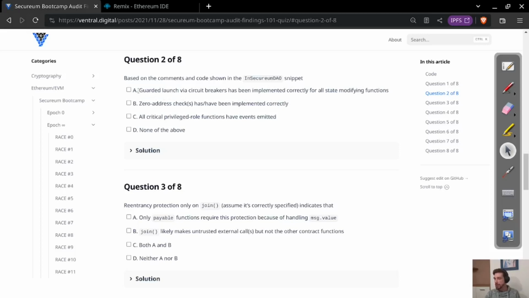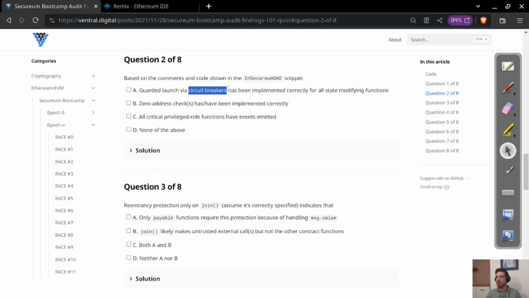So it says there's a guarded launch via a circuit breaker. Guarded launch and circuit breaker doesn't really make sense, for me at least. They are two different things. A circuit breaker is something where you check your assertions during the execution of a function, and if you notice that something really bad has happened that should not have happened, you pause the contract.